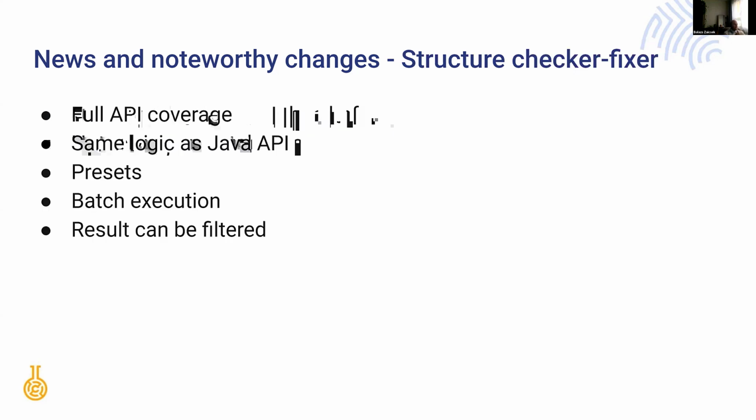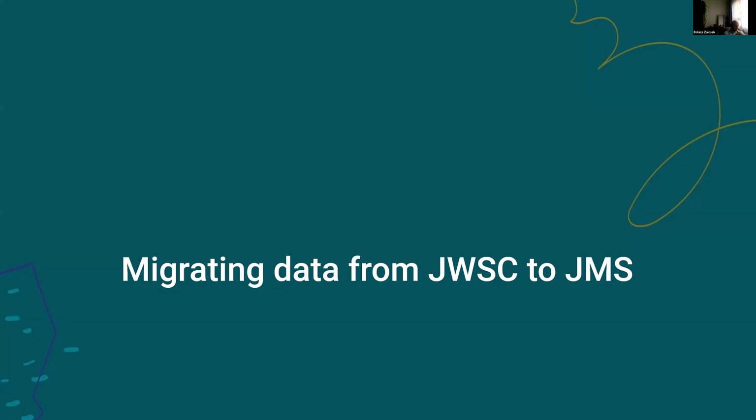We have the structure checker and fixer module, which provides full API coverage as well. It follows the same logic as the Java API. You can save presets for your frequently run checker and fixer compositions. You can run batch execution and you can filter the results if you want to.